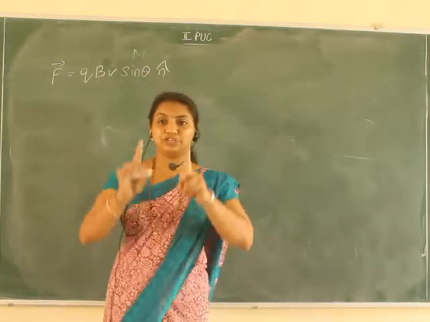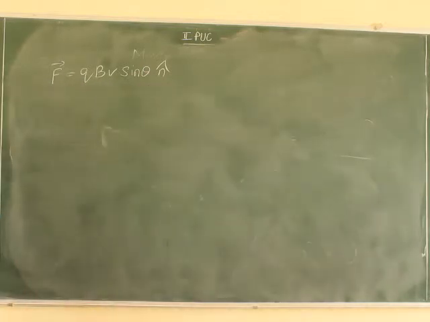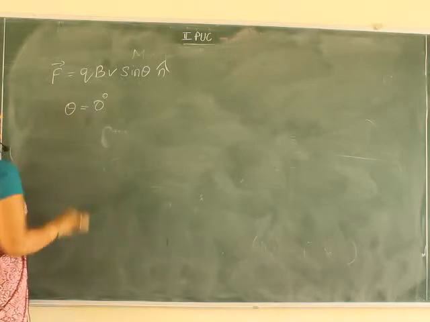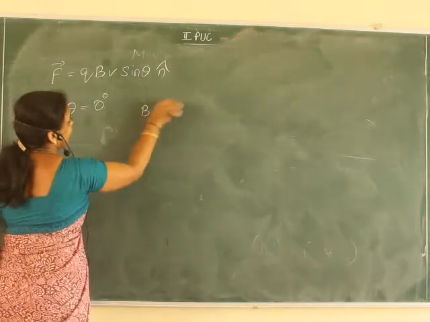If theta is equal to 0, we said it is parallel, then it should move in a straight line. When a charged particle moves parallel to the magnetic field, the trajectory is a straight line. If theta is equal to 0, then the angle between B and V is 0.